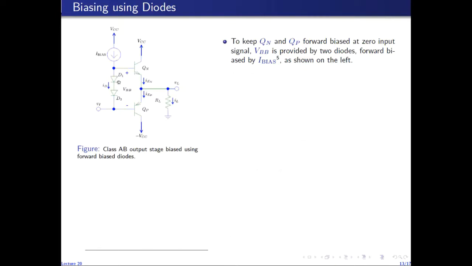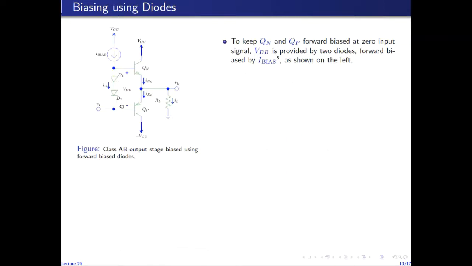So we implement the voltage VBB between the base terminals of Q1 and QP through the forward biased diodes D1 and D2, in order to generate enough voltage between the base terminals of Q1 and QP to keep them conducting in the quiescent state.